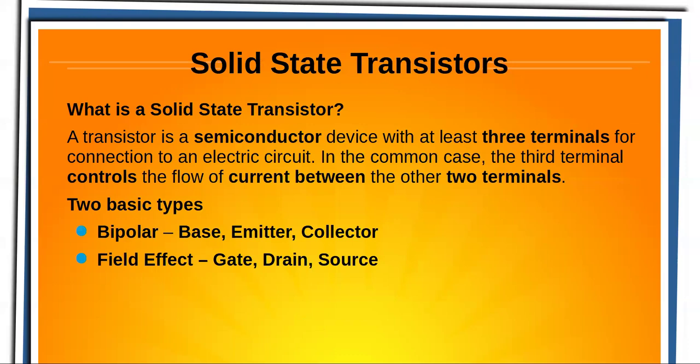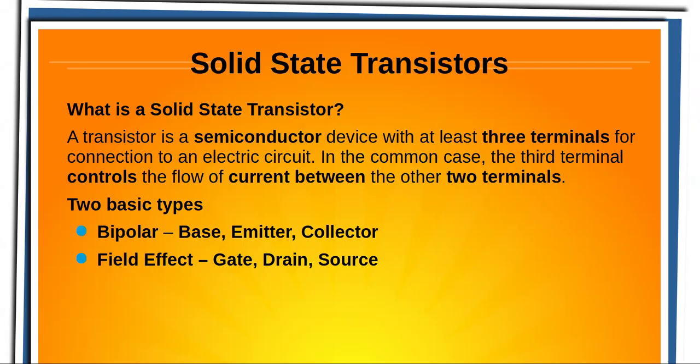And then we have field effect devices, which also use the P and N material, but they use an electric field or electrostatic field to control the current flow as opposed to current in the bipolar devices. So we have to apply a control current in the bipolar device to control the amount of current flow between the base and collector.